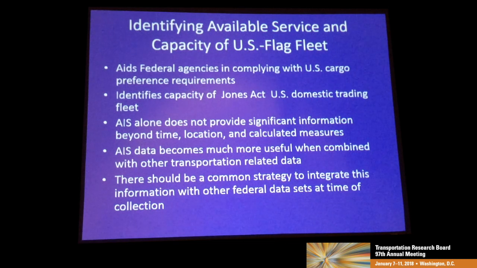So with that, and when I'm talking about combining data, I'm not talking about just putting layers on a map, piling them on top of each other. I'm talking about actually fusing it. So these two examples, we fuse AIS data with registry information and also manifest and bill of lading information.